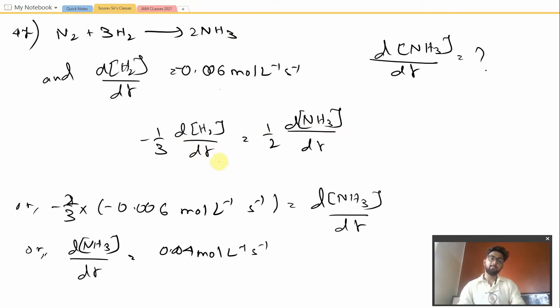Mathematically we have cancelled out both the minus signs, and from common sense also we know that NH3 is formed, so dNH3 would be positive. In the options, plus 0.004 is option C, so option C would be the correct option.